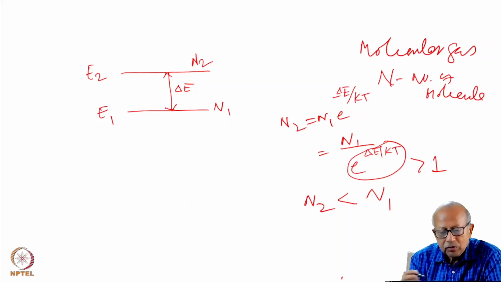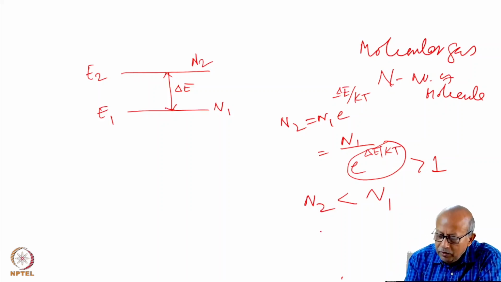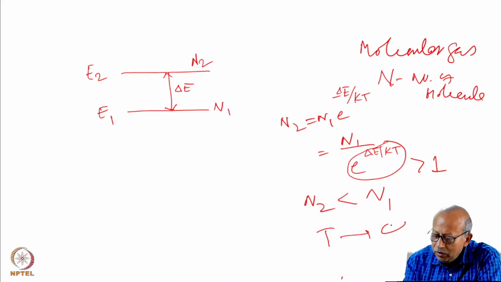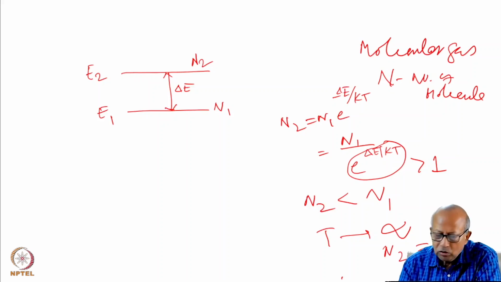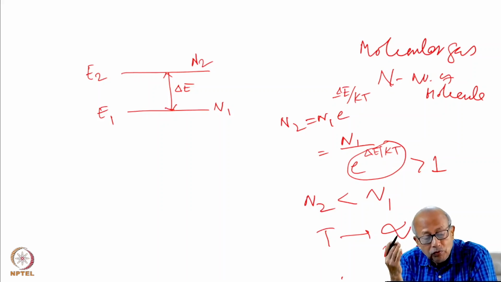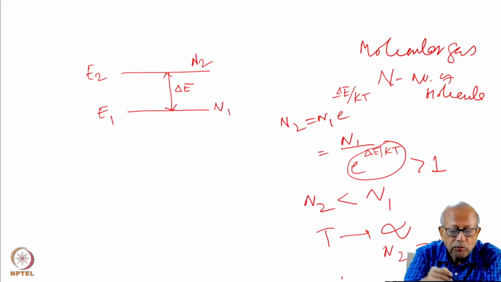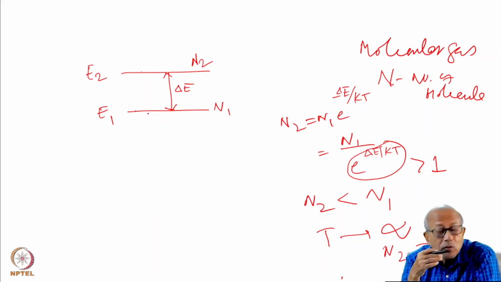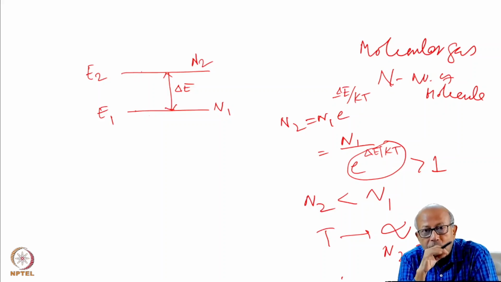In the limiting case where T tends to infinity, this becomes e to the power 0, and N2 becomes equal to N1. So even if we have increased the temperature to infinity, at most the populations of the two levels become equal, and you still don't get population inversion.